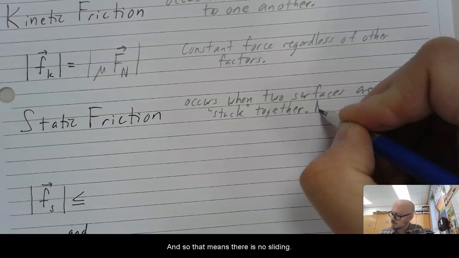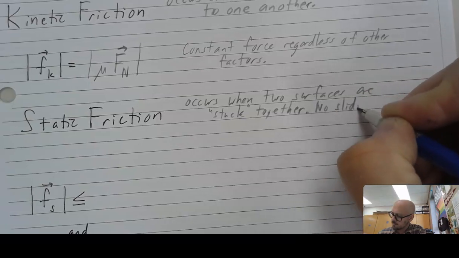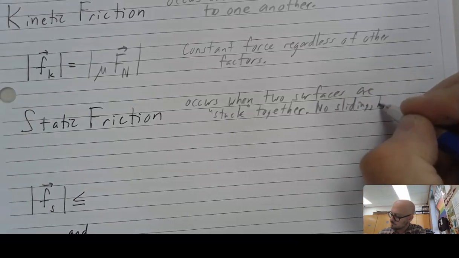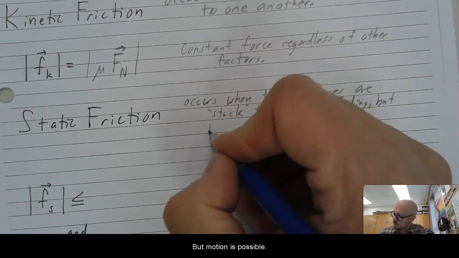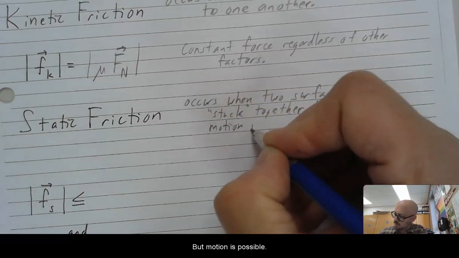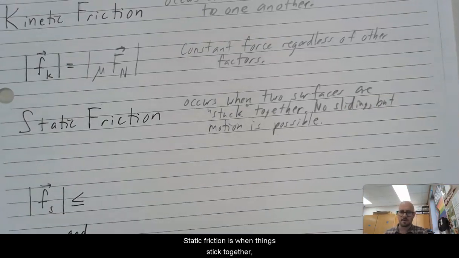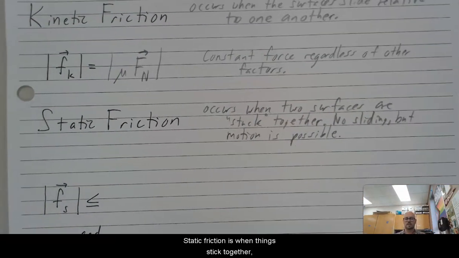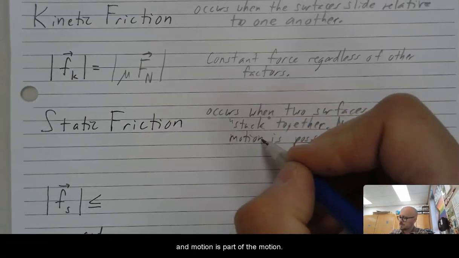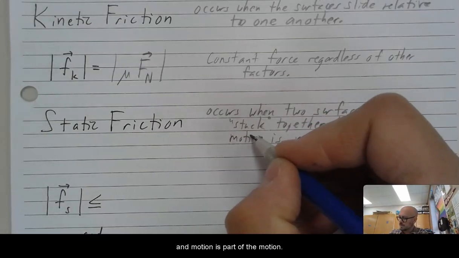And so that means there is no sliding, but motion is possible. Static friction is when things stick together, and motion is part of the picture.